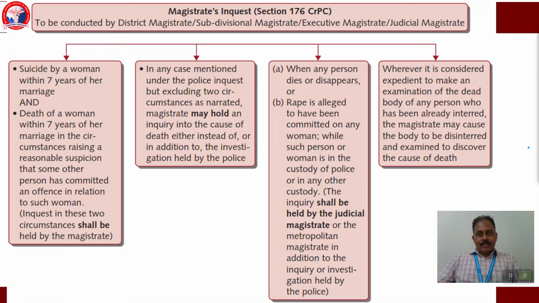What does custody mean? That means behind the bar, even that is custody. That person disappears or dies. Also when a sexual offence like rape is alleged to have been committed on any woman while such a woman is in police custody.